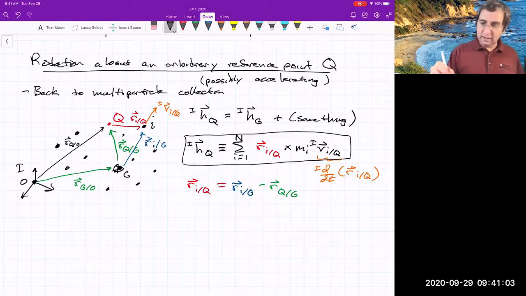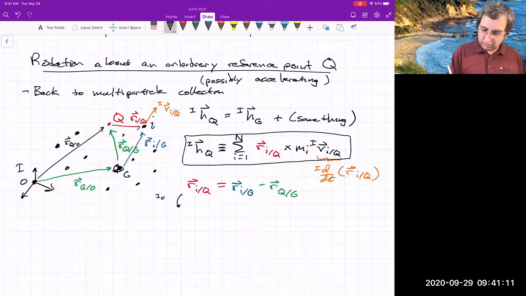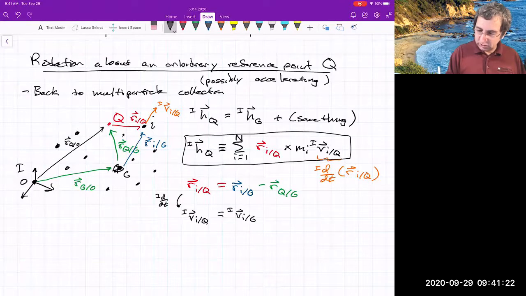So we'll take that and then take the inertial derivative of it. We get that the inertial derivative of RIQ equals the inertial derivative of RIG minus the inertial derivative of RQG.